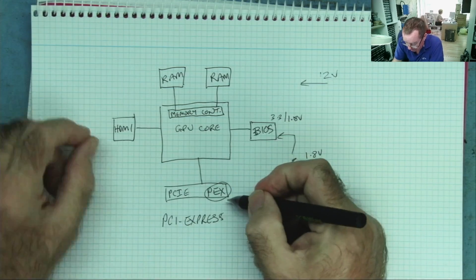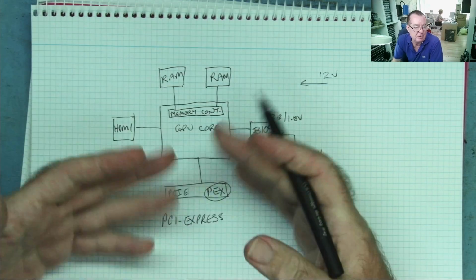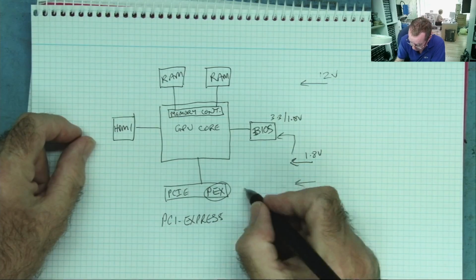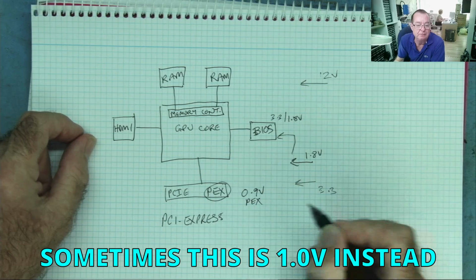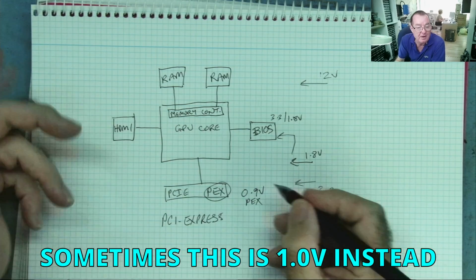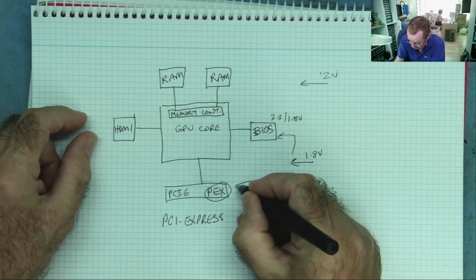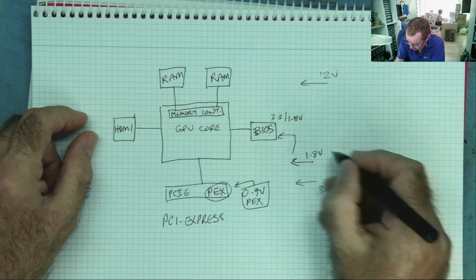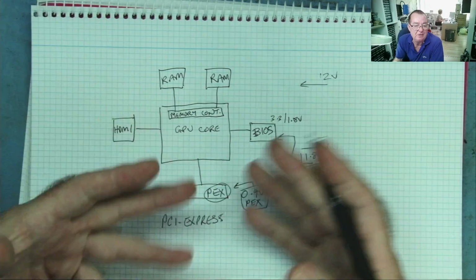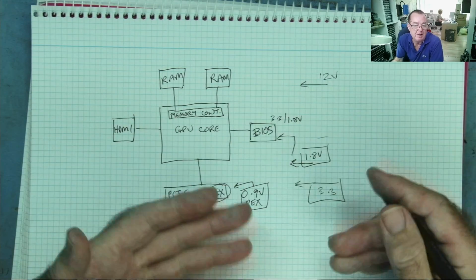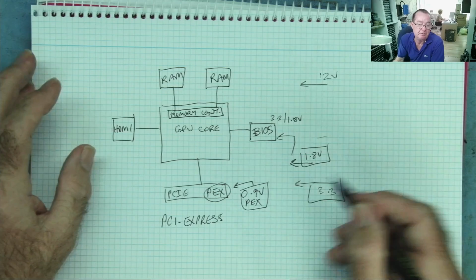Okay. The PCI Express, this is the communication with the motherboard. This runs on 0.9 volts, what is generally called PEX voltage. So we need a 0.9 volt supply coming in here. These are power supplies, okay? The 3.3 is used for various logic circuitry, or it may be used to derive some of the other voltages.